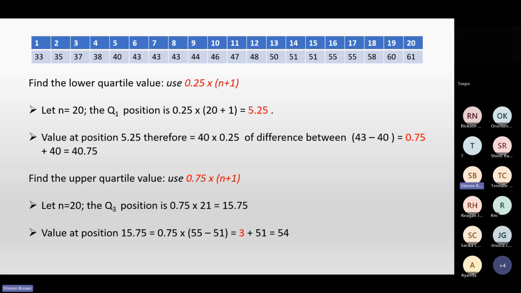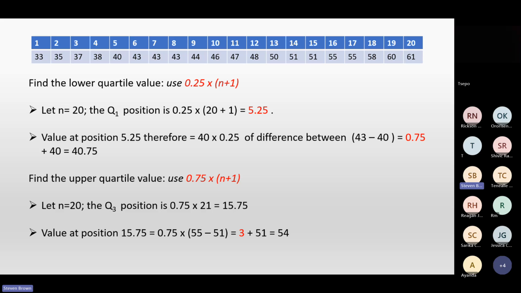That's when you bring your 0.25 in, because the question is asking you for position 5 and a quarter. So there is 5, and then a quarter of the distance between 40 and 43. So now we take our quarter, 0.25, and multiply it by the difference between 40 and 43, and that, students, comes to 0.75.